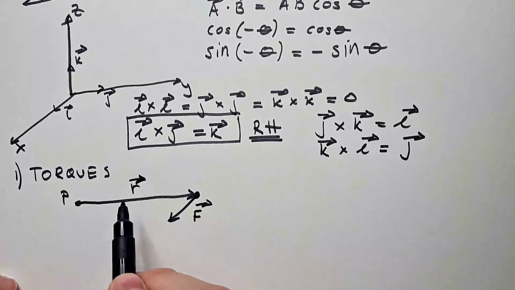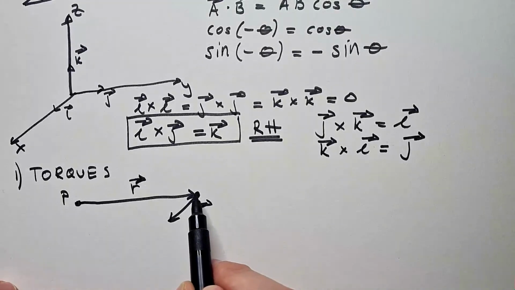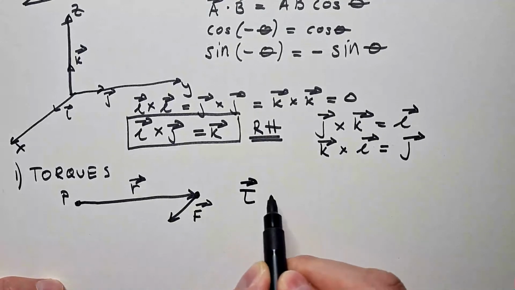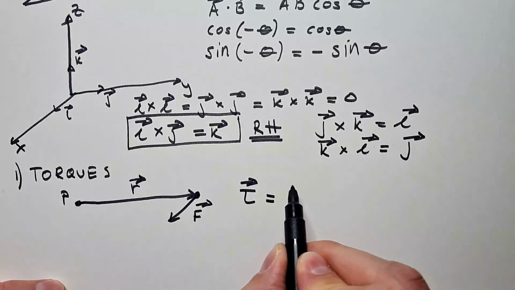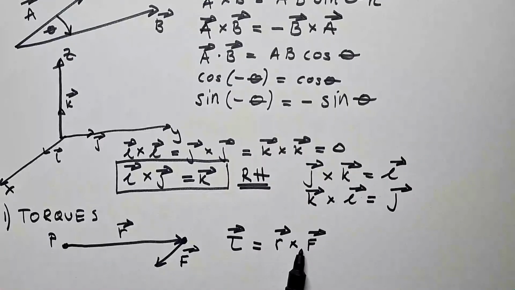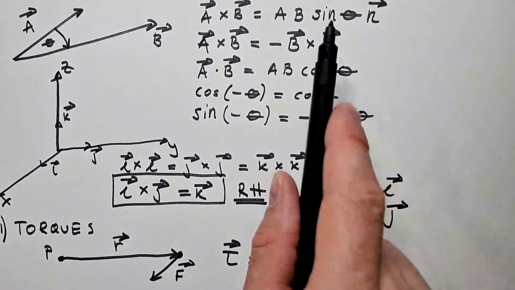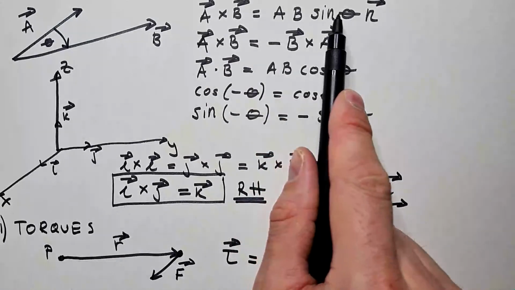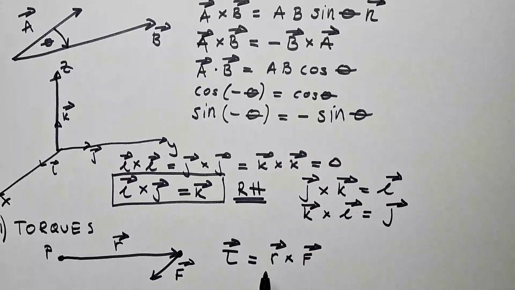This is the radius vector between the pivot point and where the force is applied. We know that torque is defined as the cross product between r and F. r cross F from this definition will be intensity of r times intensity of F times the sine of the angle between r and F.